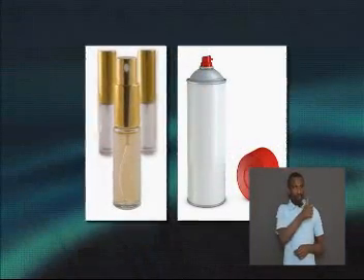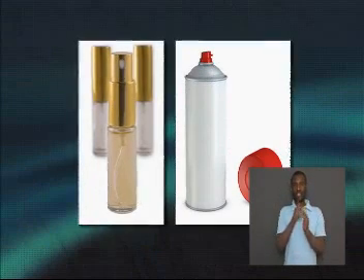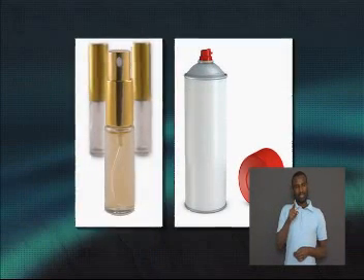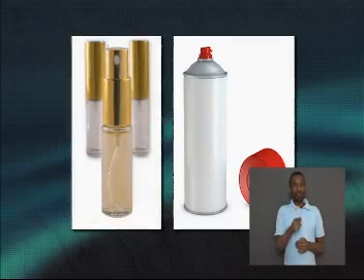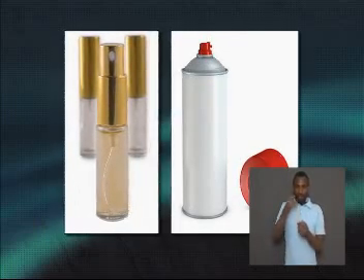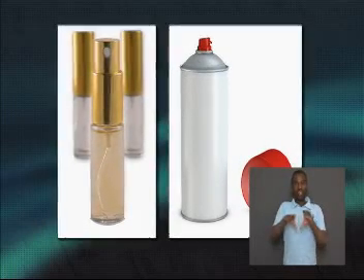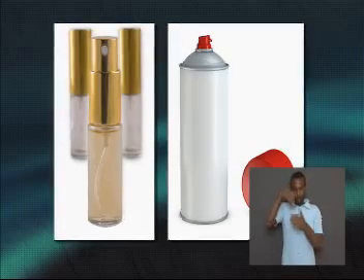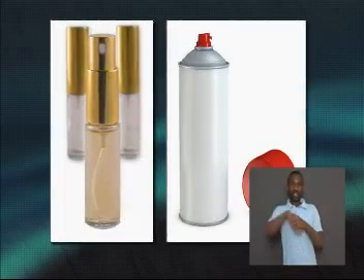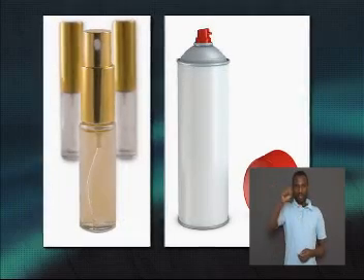One example is a perfume bottle. The mechanism on the bottle forces the liquid through a narrow tube. When the fluid leaves the bottle, it appears as a jet. This is also similar to an aerosol or spray can.